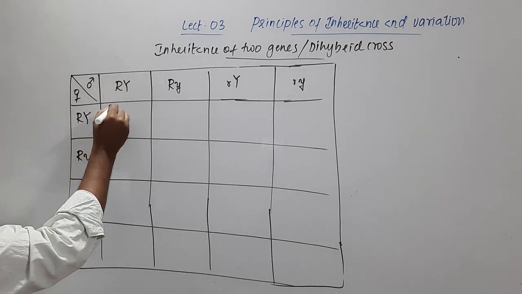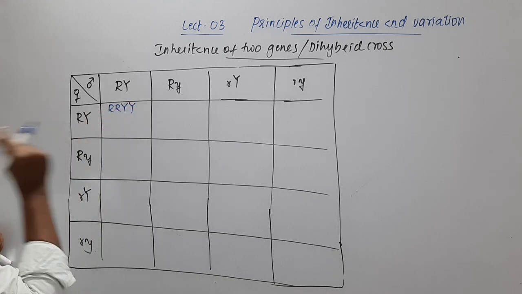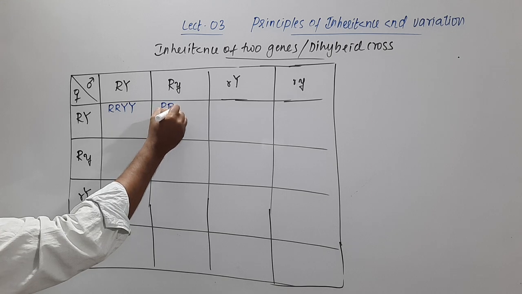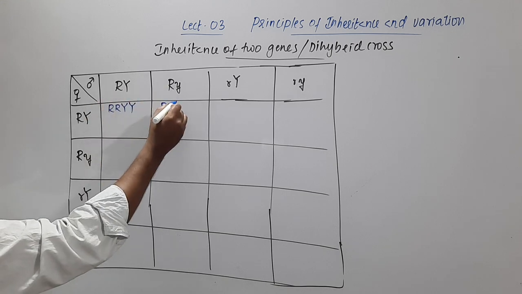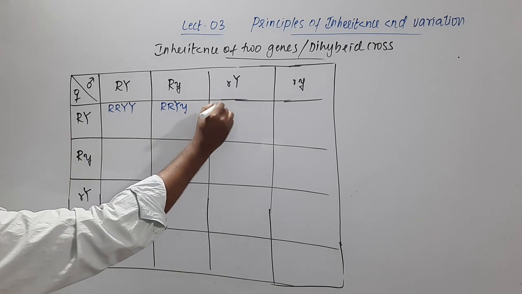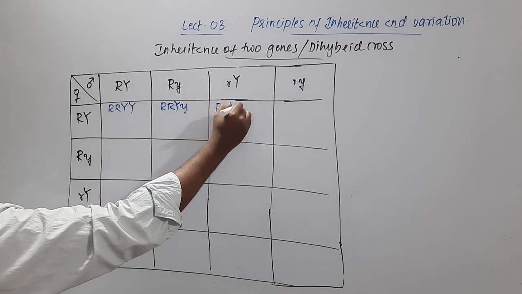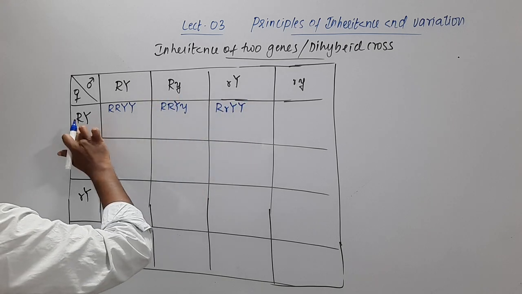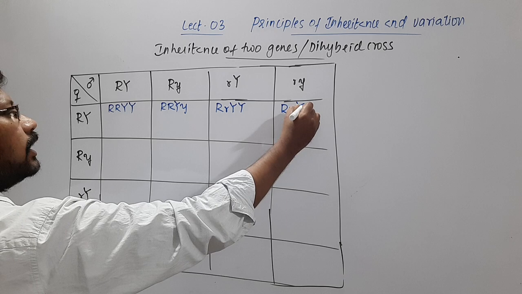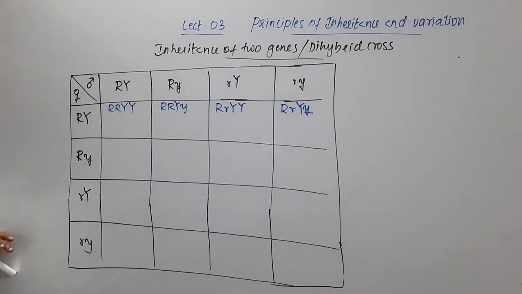So capital R, capital R, capital Y, capital Y, we get here. Then the next one, capital R, capital Y, so this and this, then capital R, small y. Now this one with this one, capital R, capital Y, capital Y. Then this one with this, capital R, capital Y, small y.